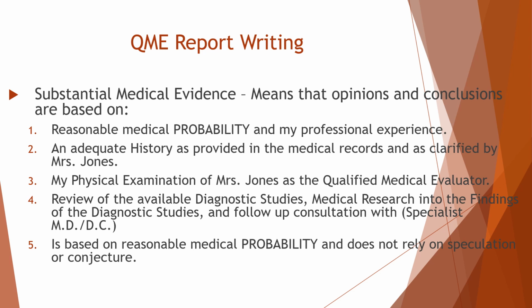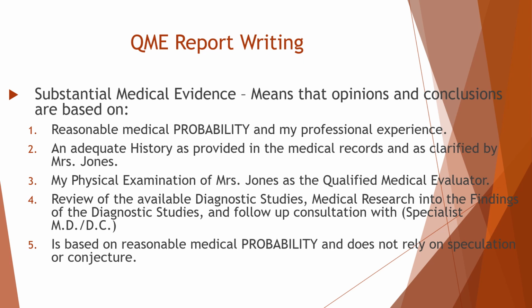Number two, your opinions and conclusions are based on an adequate history as provided where? Well, where do you get the history from? Well, it's provided in the medical records, and later on the medical history is clarified by your examinee. And earlier in the program, I talked about how to obtain both the history and the relevant medical history by comparing and contrasting information that's provided in the medical records with information that's provided by the examinee.